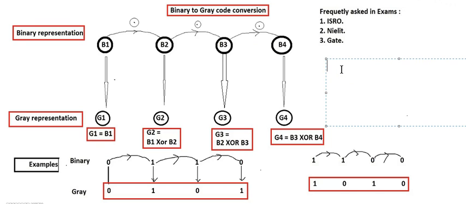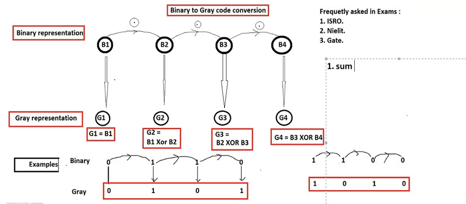The first rule is sum mod 2. Suppose we have 0 and we need to find the XOR operation between 0 and 1.